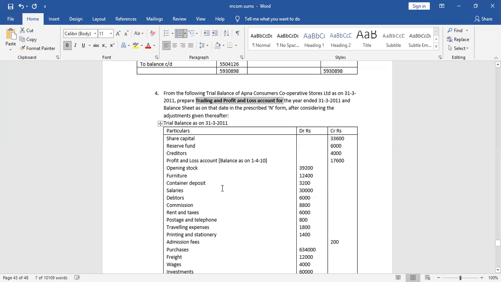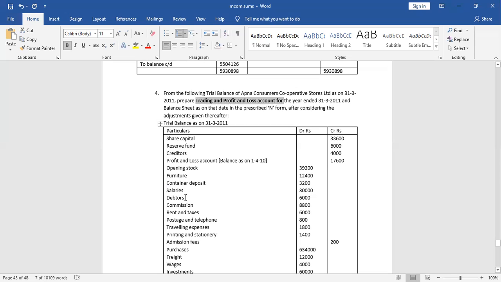Container deposit, any type of deposit in the asset side, because in the asset side we don't have a separate head for deposit. So any type of deposit in the debit side of the trial balance will come in other items. Like we had electricity deposit, water deposit in the housing society, we used to put it in other items. Even this container deposit will come in other items.